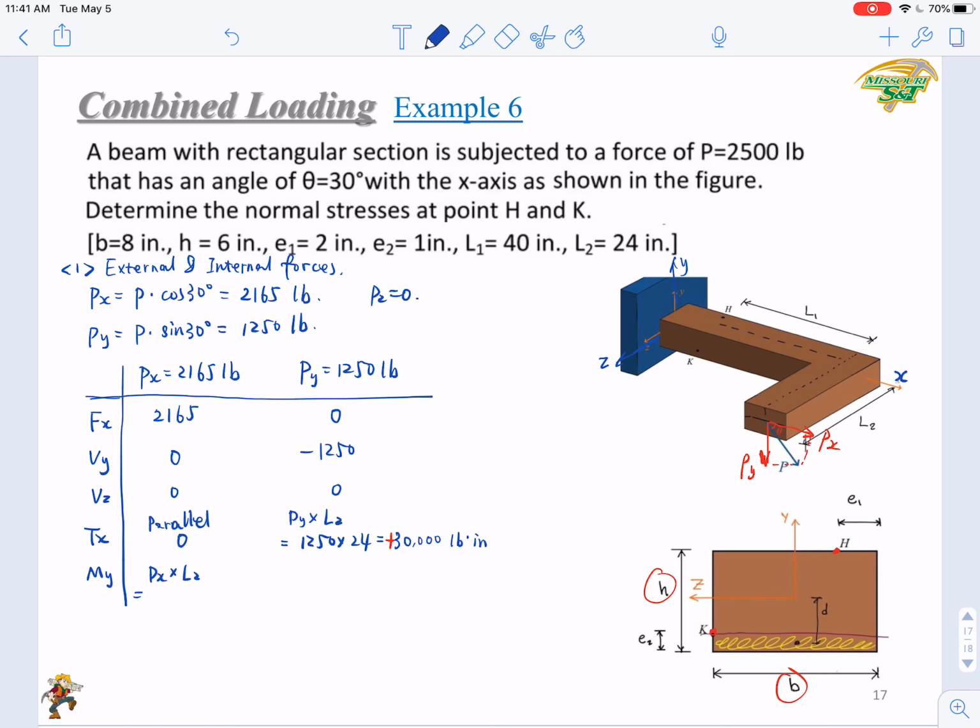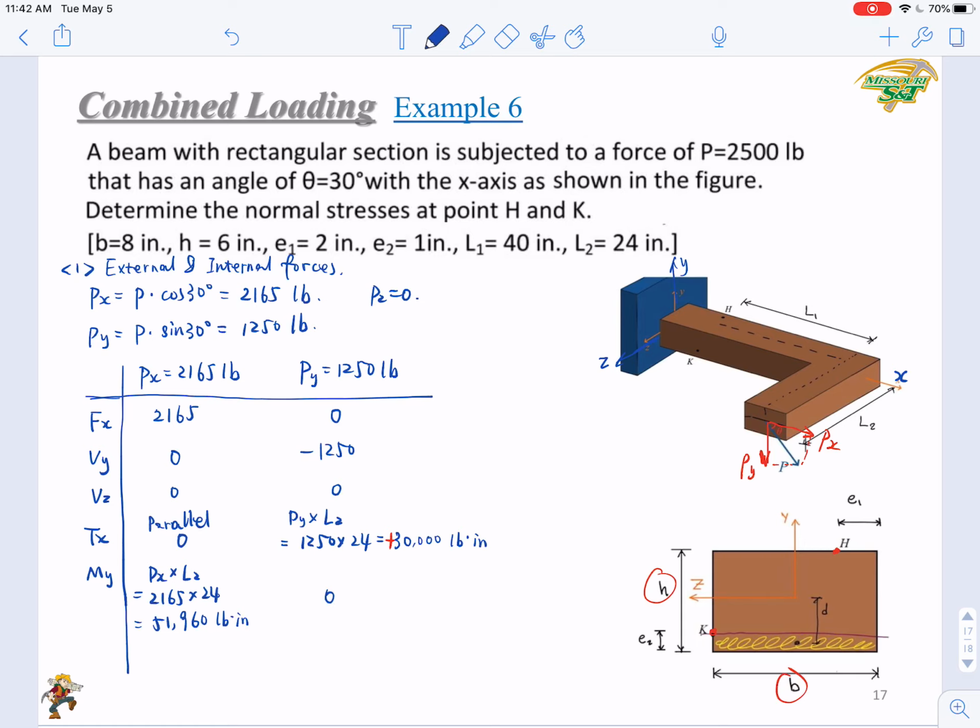This is 2165 times 24, or 51,960 pound-inch. Does Py make any My? No. Parallel, right? Parallel 0.